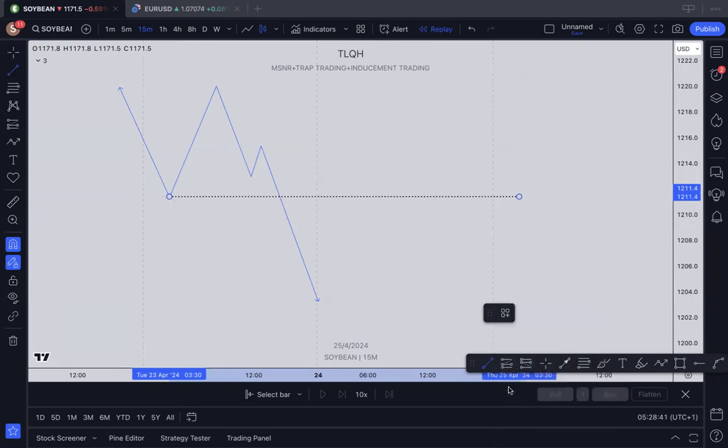Normally we would be waiting for price to come and tap in like so, give a QM, and then we would be looking for our entry.